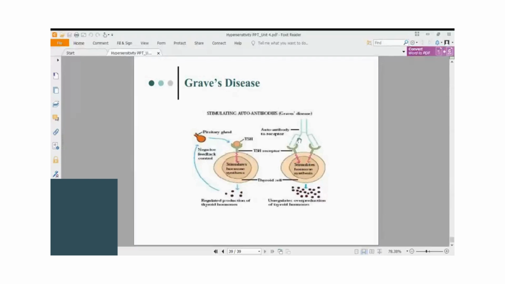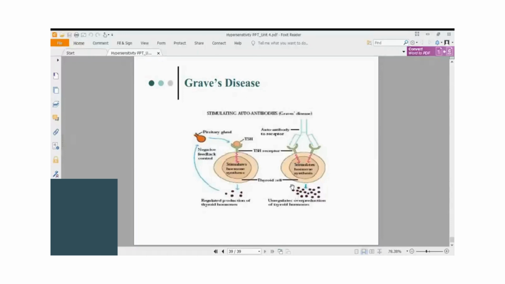And the complement mediated lysis will be the lysis of the thyroid hormone producing follicle cells. Each follicle cell which is bound by the antibody to the TSH receptor will initiate lysis of that cell through complement mediated lysis.